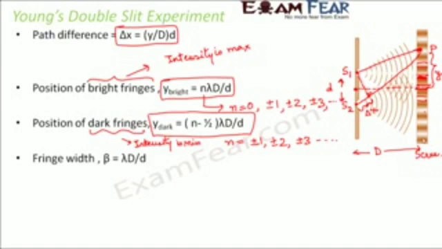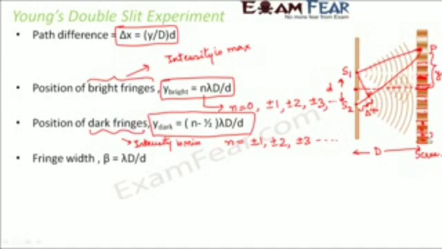Now let us say in this case, this is a dark fringe, then this is a bright fringe, again a dark fringe, a bright fringe, and so on. If you want to calculate the fringe width, it is actually the distance between two consecutive bright fringes or two consecutive dark fringes.